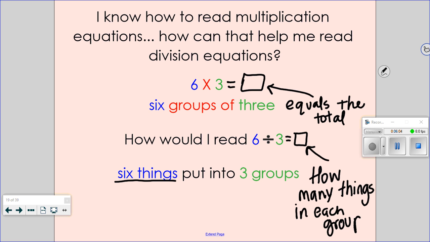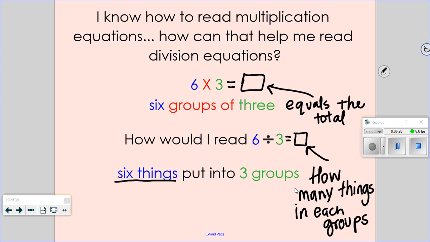How many things in each group? I already know the total. It's 6 things. I don't get any more. I have 6 cupcakes. I'm not magically getting any more. But I'm dividing them out between 3 friends.